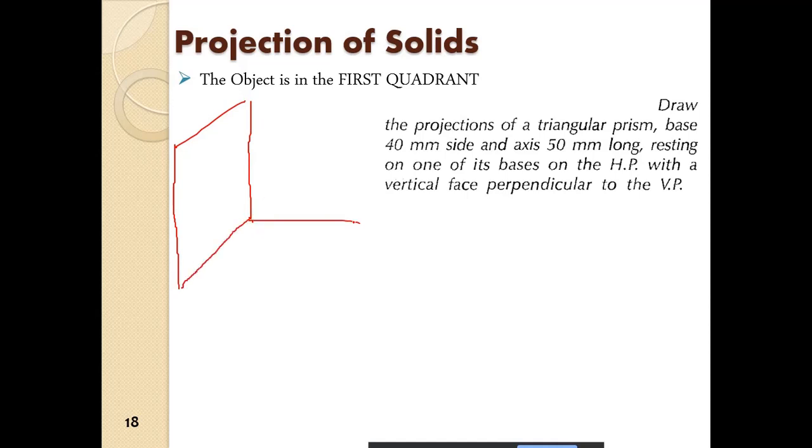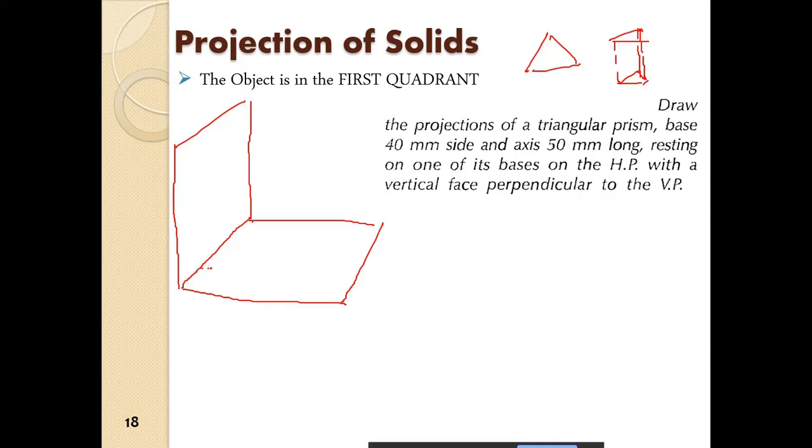So these are the two planes. So we have the triangular prism. Now a triangular prism has a triangle as its base, and it is of this nature. I hope you can make out. So the prism is standing, with a vertical face perpendicular to the VP.